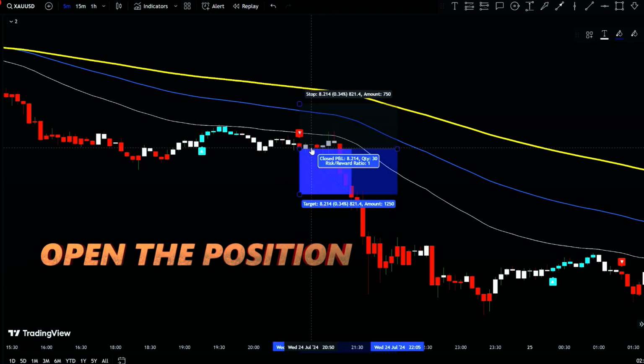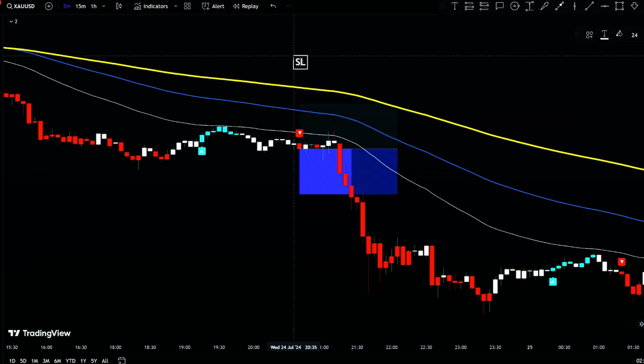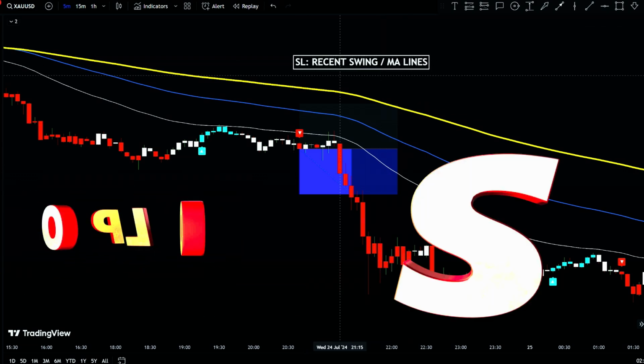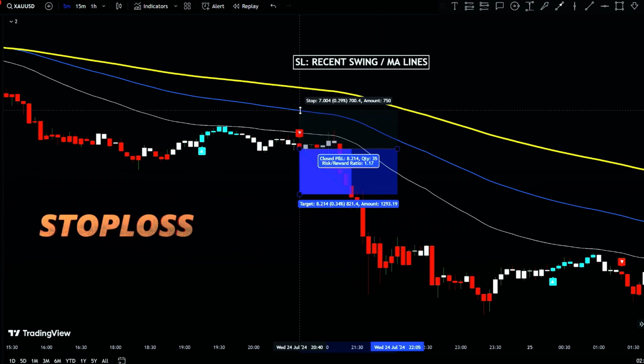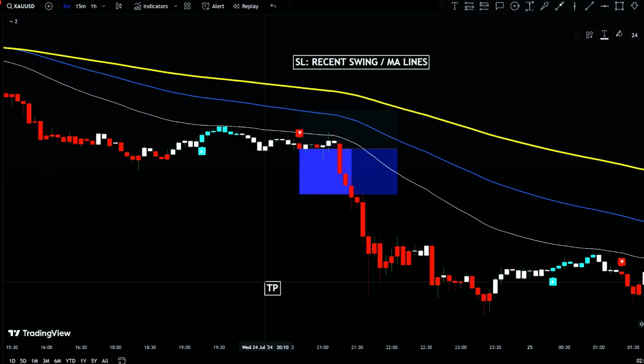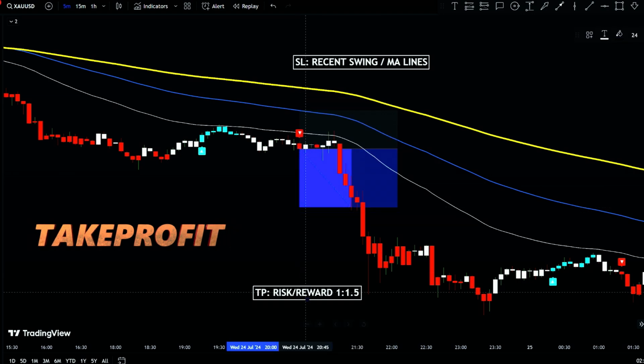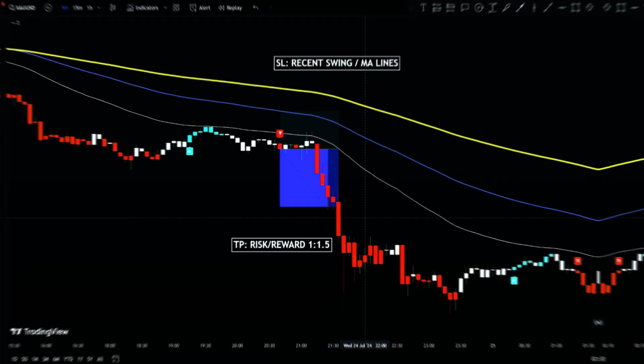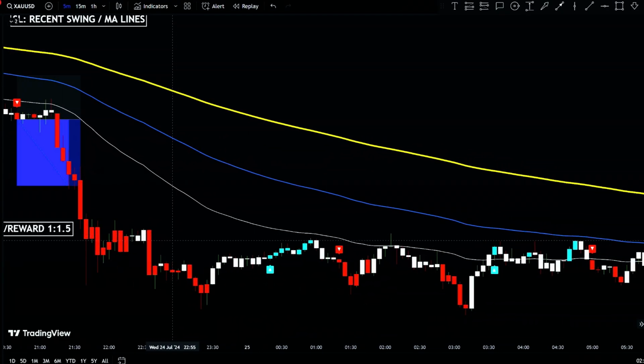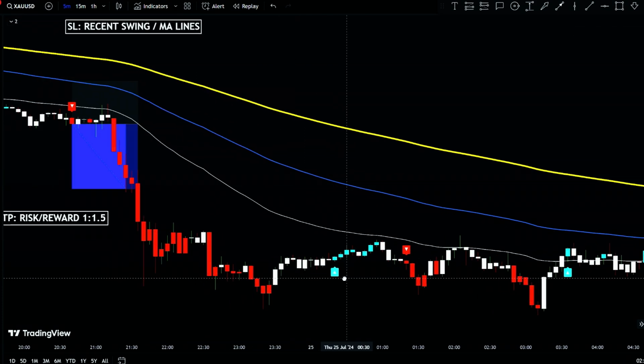Go ahead and enter that sell trade. To cover your rear, set your stop loss just above one of the MA lines, or you can play it safe by setting it above the recent swing high. As for your take profit target, just like the buy trade, stick to the golden 1 to 1.5 risk to reward ratio. Alright, now let's break down some more examples so you can master this strategy.